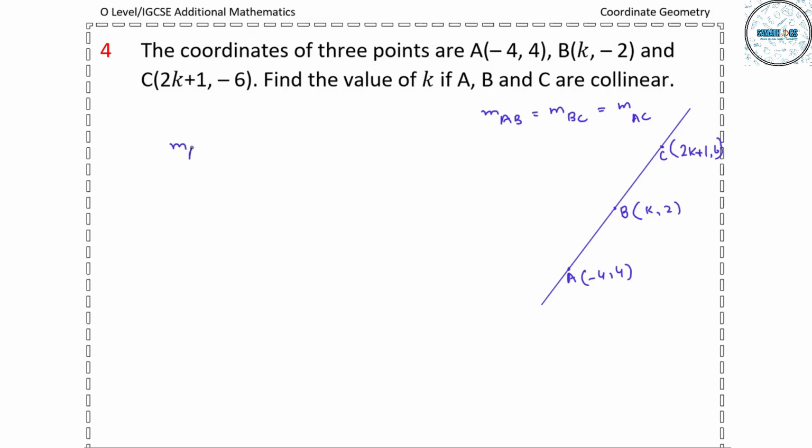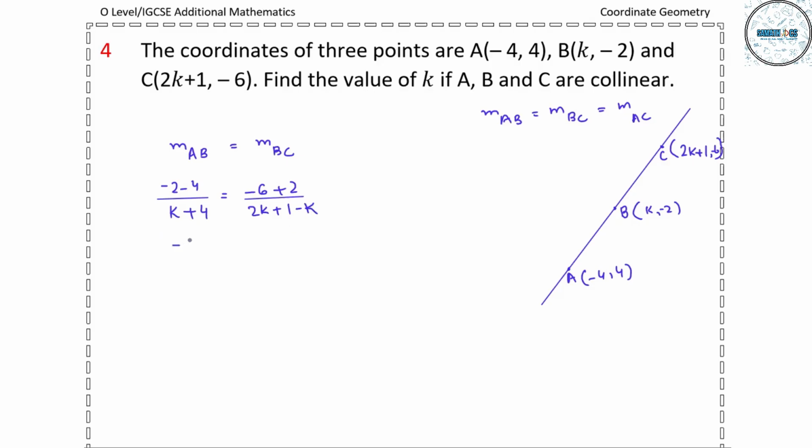So m of AB is equal to m of BC. So for gradient of AB, we have (minus 2 minus 4) divided by (k plus 4) is equal to gradient of BC, (minus 6 plus 2) divided by (2k plus 1 minus k).